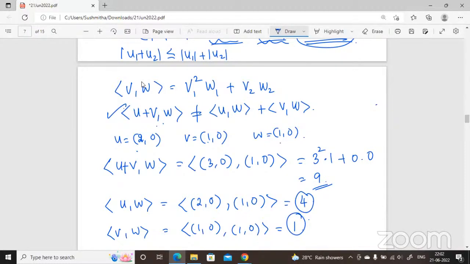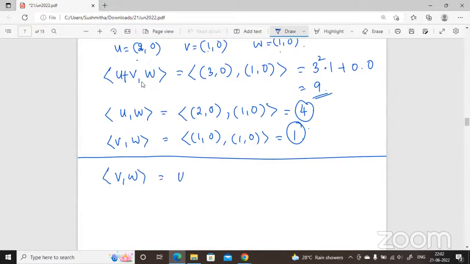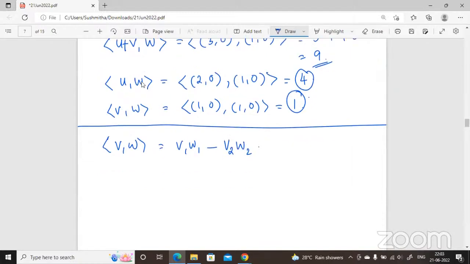Okay. So now this is over. Now suppose we have v1 w1 minus v2 w2. Now which condition should I target? Greater than or equal to 0, the first condition, positive. Yes.